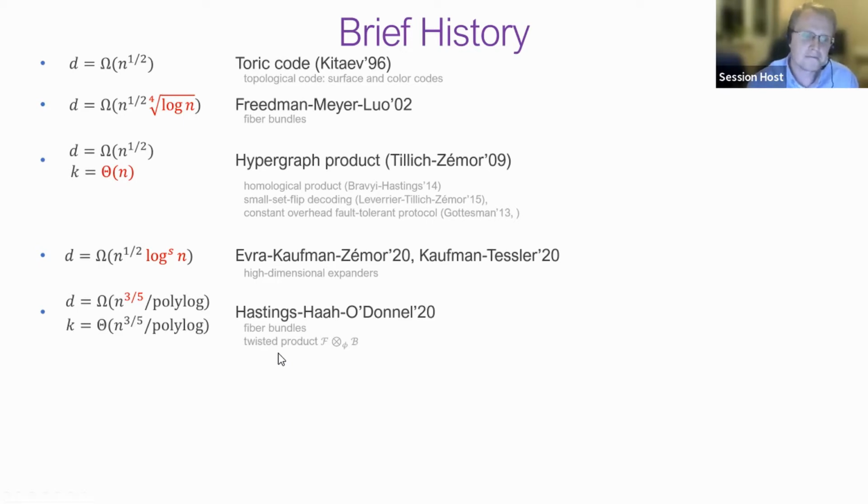And the codes that they obtained surpass this square root barrier. This was a really great achievement, because before this, I suspect that many people even considered that you cannot go far beyond the square root of n, and maybe there should be some even fundamental limit.